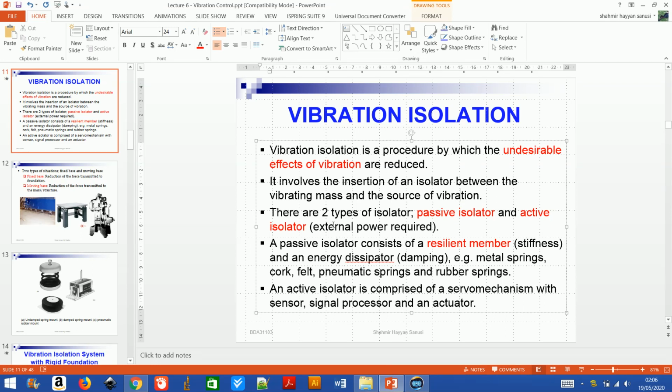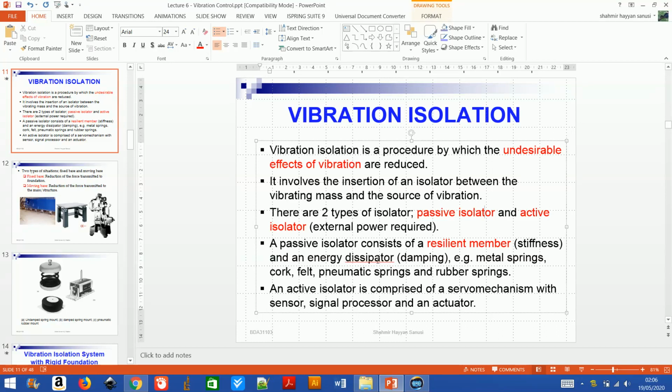So there are two types of isolator. First one is passive isolator. The second one is active isolator, where for passive isolator you don't need any external power, and for active isolator you need external power.